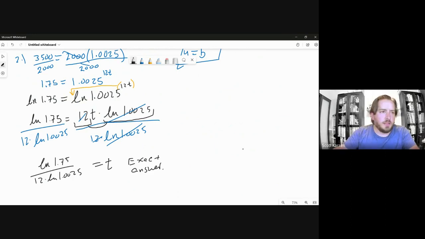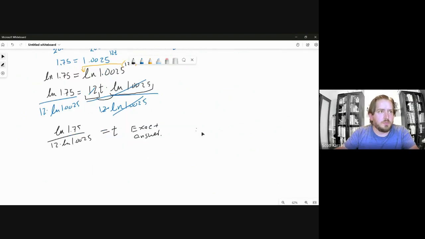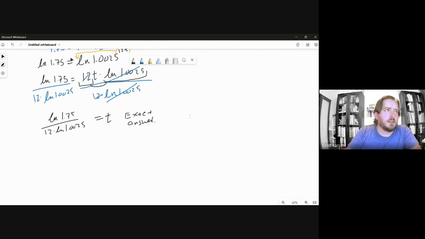I put it in and I got, I guess I could probably cheat. This is from the book. But I plugged it in and I got that t is approximately 18.7 years.